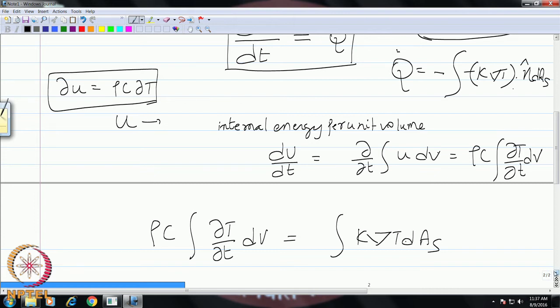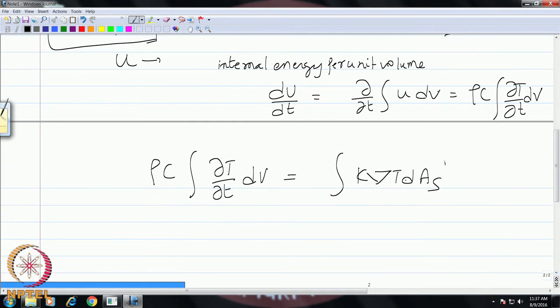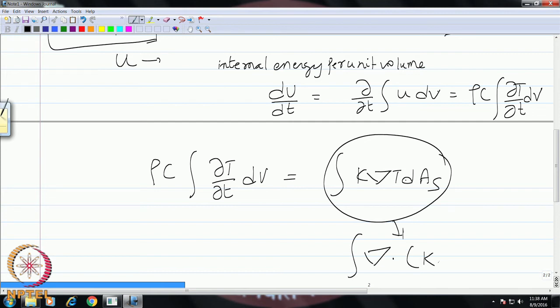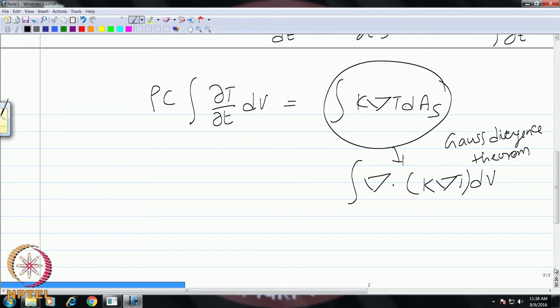I can now use the Gauss divergence theorem to convert this surface integral to a volume integral, and therefore, this will be divergence of k del T over the entire volume, using Gauss divergence theorem. Right? I am converting the surface integral to a volume integral by introducing the divergence operator. Okay.